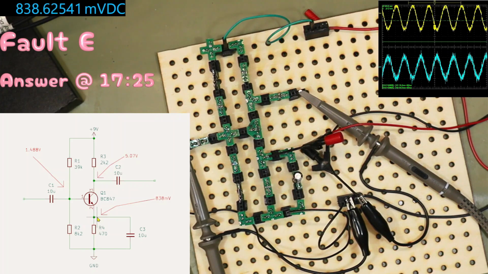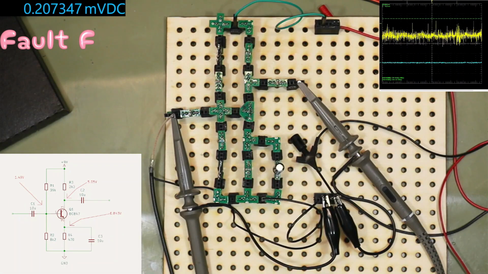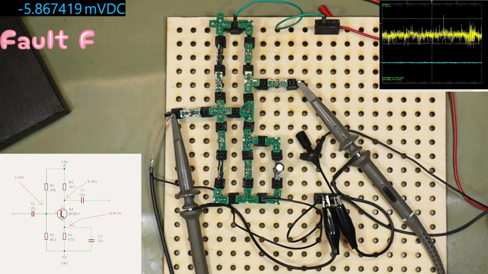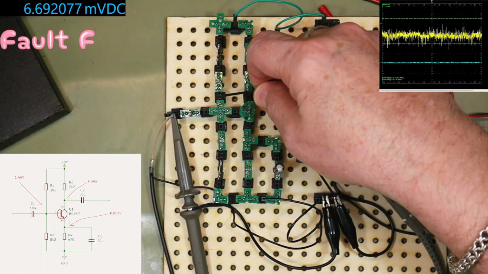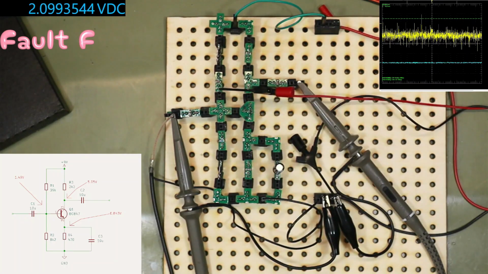So what's happened here? Why are the DC conditions okay, but the gain has dropped quite a bit? Right, now we look at fault F. So let's measure some of the voltages. So the voltage on the base, I'll amend that so we can see it for more time. 2.099 volts.